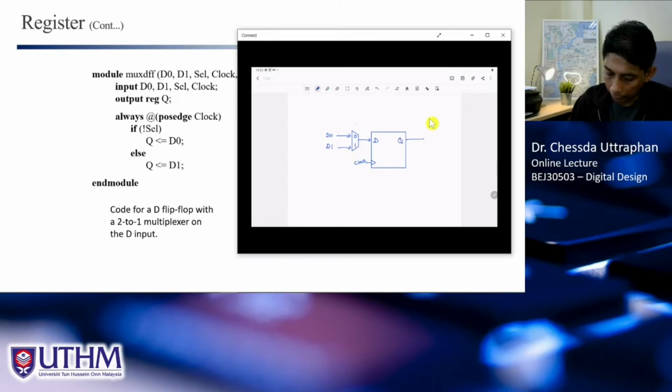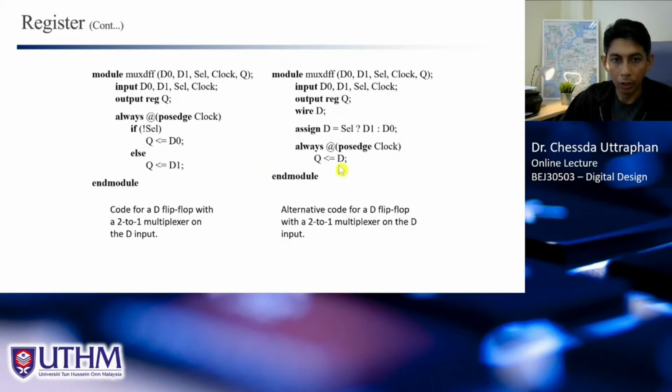And we have a signal here called SEL, and when this SEL equals 0, we have Q equal to D0, and when this SEL equals 1, we have Q equal to D1. Right, straightforward.